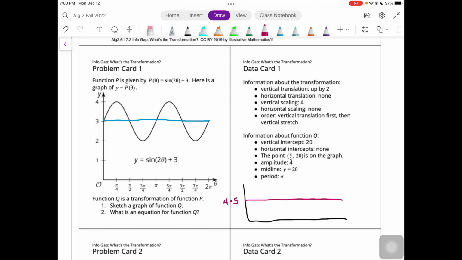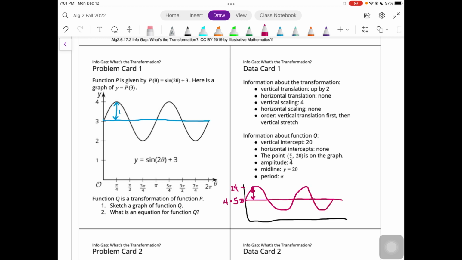And since our vertical scaling, our amplitude, was 1 here, and we are scaling it by 4, this is going to be 4. So if this line is 20, then this is going to be 24, right? So it's going to look something like that. I'm not very good at drawing.